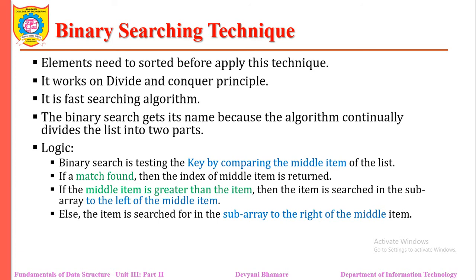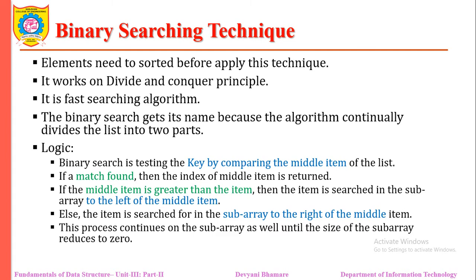The third case is that whatever we are looking for is present at the middle location. If a match is found, the index of the middle item is returned. This process continues on sub-arrays until the size of the sub-array is reduced to 0.